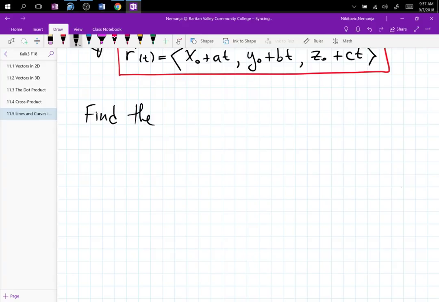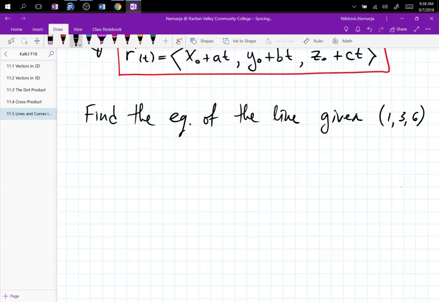Find the equation of the line given endpoints 1, 3, 6 and -2, 5 and 4, whatever.